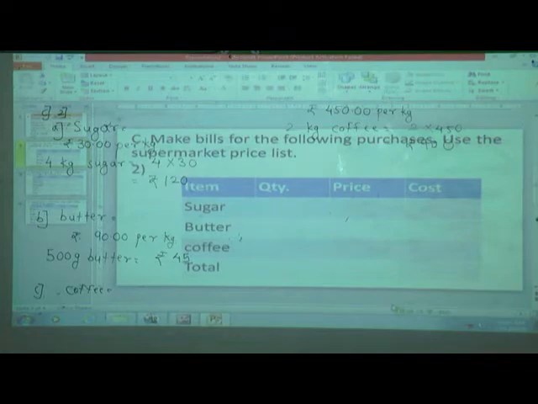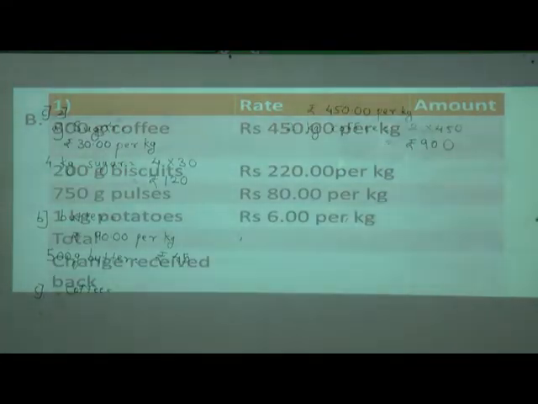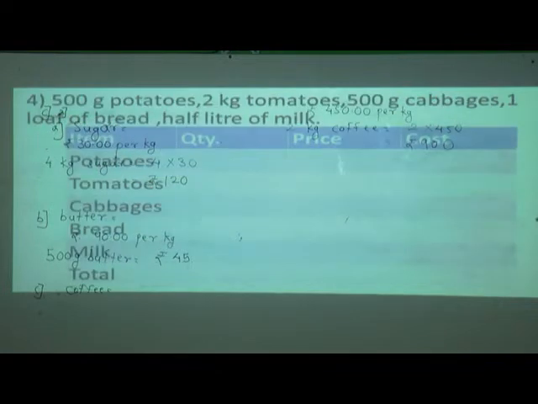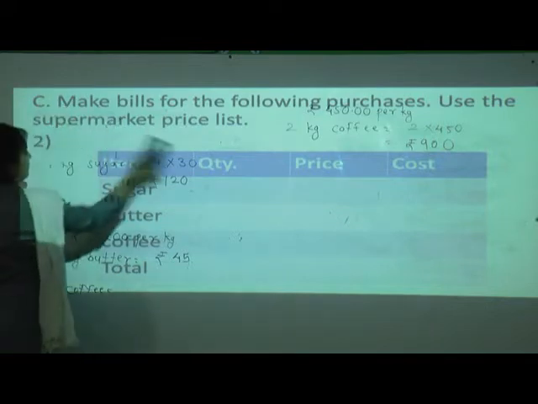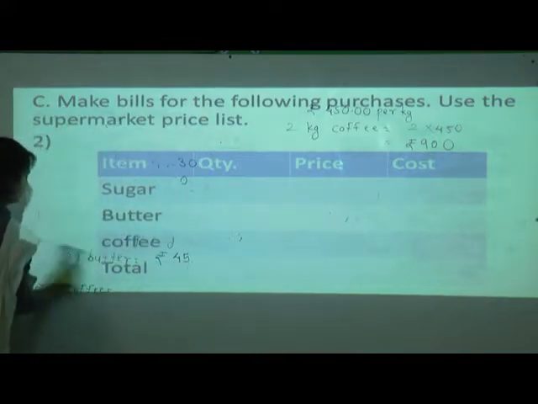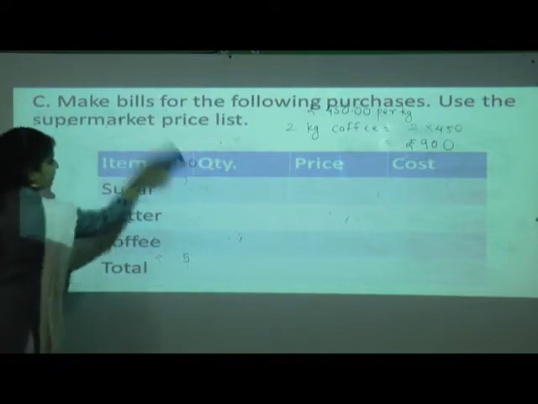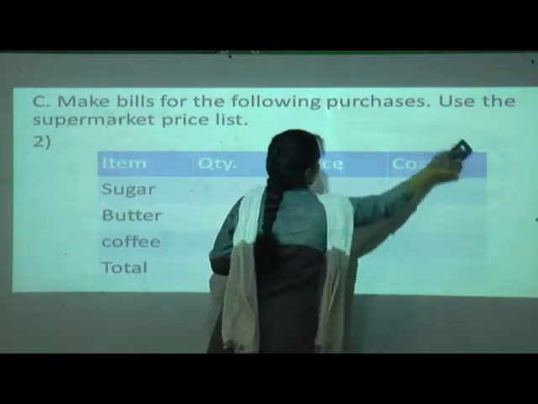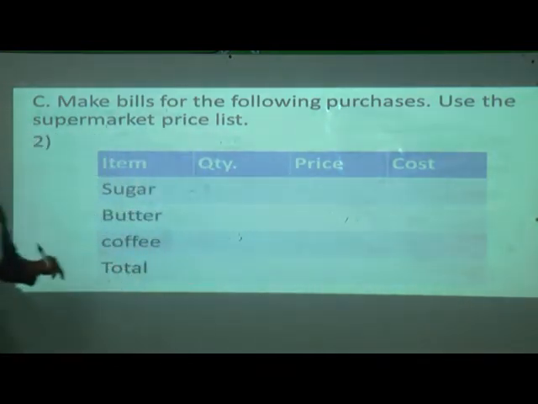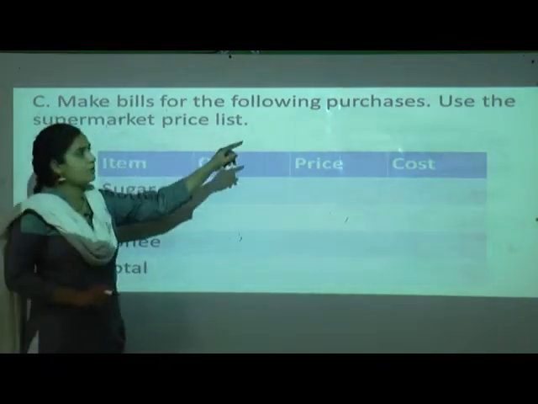Like this price list you have to make. So see, make bills for the following purchase.